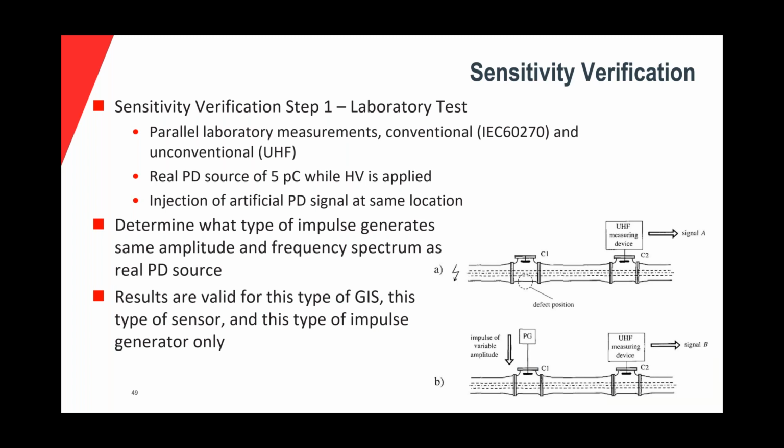Step 1 is done at the factory, which means done in parallel with both the conventional IEC 60270 method using a coupling capacitor and high voltage source, and the unconventional method. Basically, a real PD source of 5 picocoulomb, like a hopping particle or an artificial PD within the system, is applied, which is known to be 5 picocoulomb and measured by the conventional method.